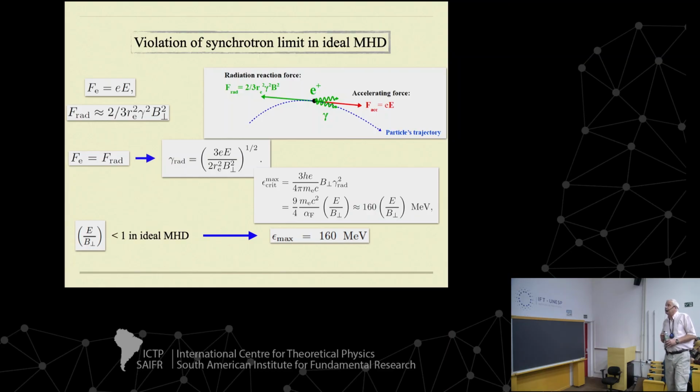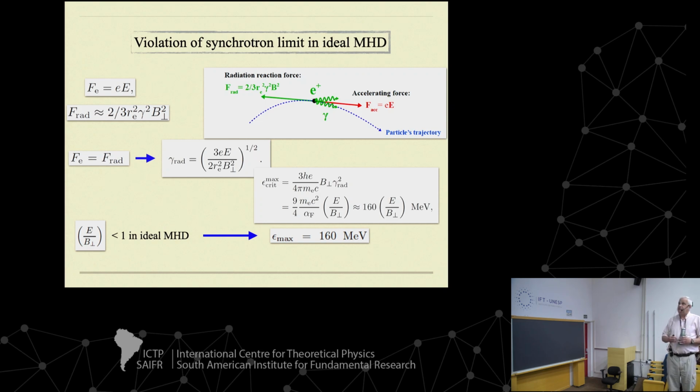Well, there is an additional problem, and that problem is that this flare implied a violation of the synchrotron limit for ideal magnetohydrodynamics. What is this? If you want to accelerate a charge in ideal magnetohydrodynamics, we need to accelerate it with some electric field E. So the force that accelerates the charge is the value of the charge times the electric field.